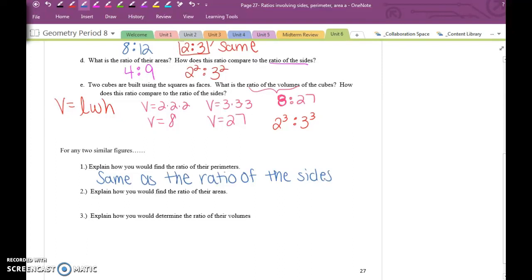Number 2, explain how you would find the ratio of the areas. You take the ratio of the sides and you square it. And you would square both numbers in that ratio. And then explain how you would determine the ratio of their volumes. You would take the ratio of the sides and cube it.